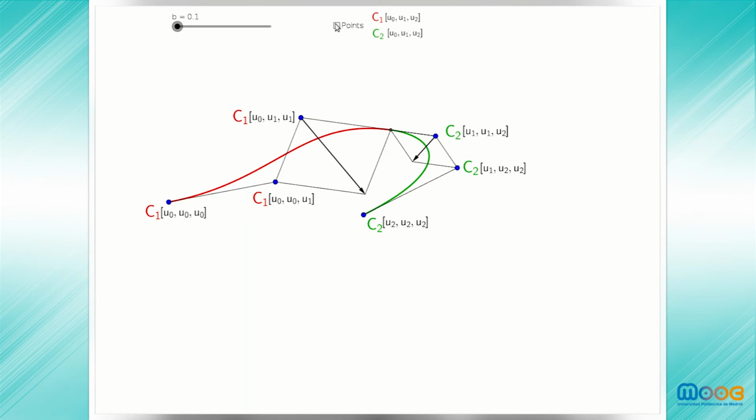So we are going to see how we can write the C2 condition in terms of the polar forms. So consider the two polar points we mentioned before: the one on the line that passes through these 2 points, which is the line with parametrization given by the polar form evaluated at u0, u1, and a free parameter t, and the point is obtained when the free parameter is u2. And also this line, which can be parameterized by the polar form of the second curve, evaluated at u1, u2, and a free parameter.